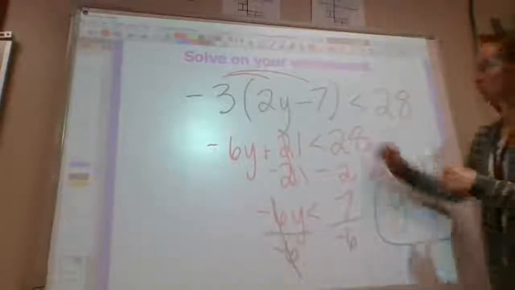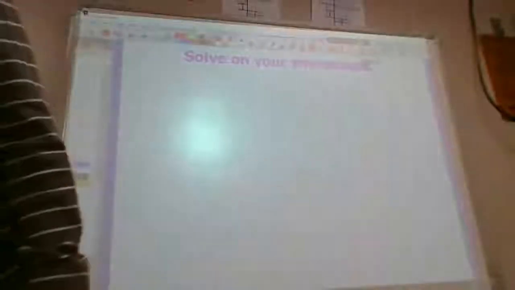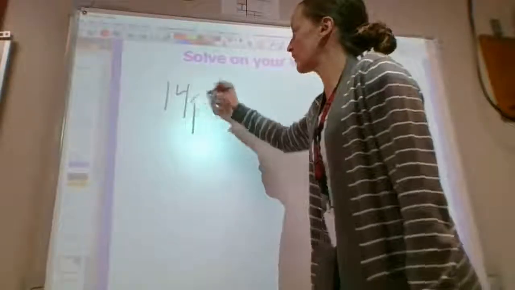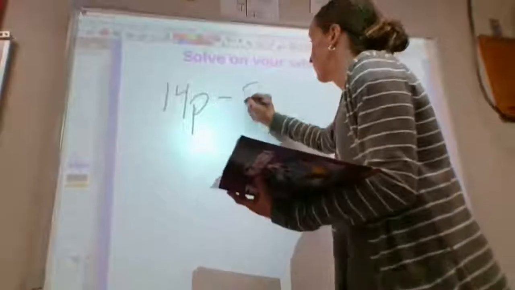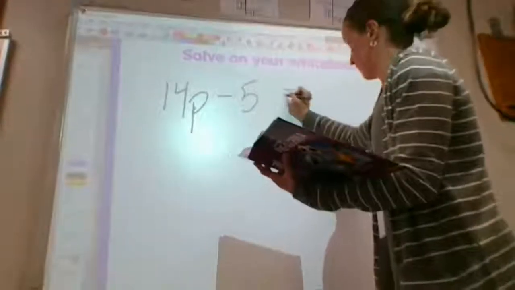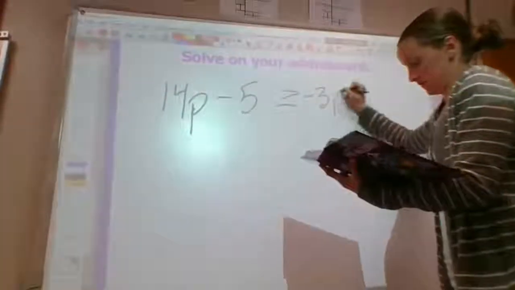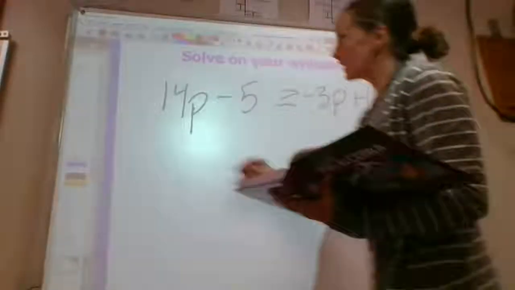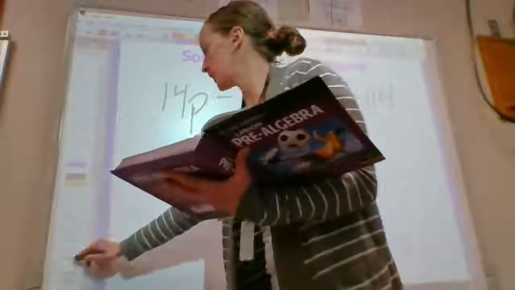This is all about solving multi-step inequalities. Next one. Show me how you would solve this one. This is straight out of your books. If you guys can do this one, you got one less tonight.